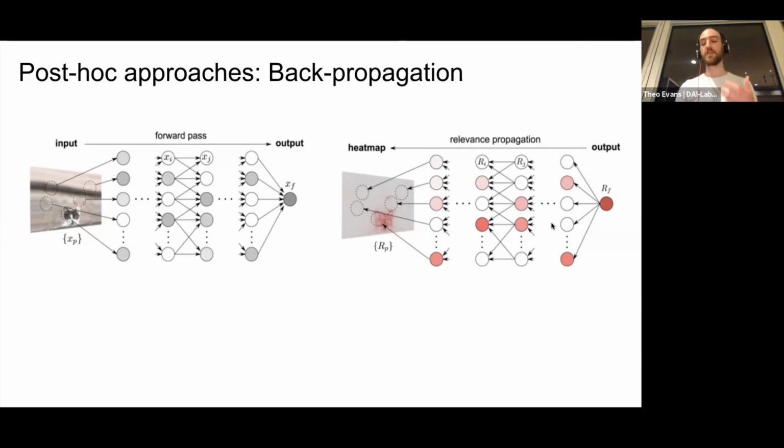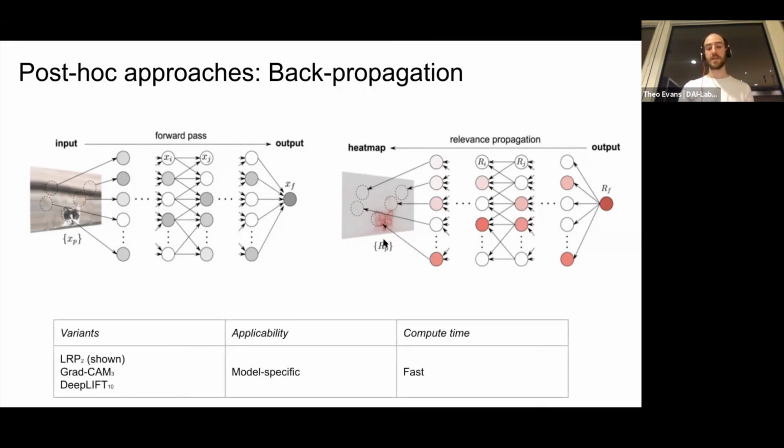And we use the weights learned by our neural network and propagate from some classification back to find which areas of the input image were the most relevant to that classification, i.e. to which areas of the image was that classification most sensitive.